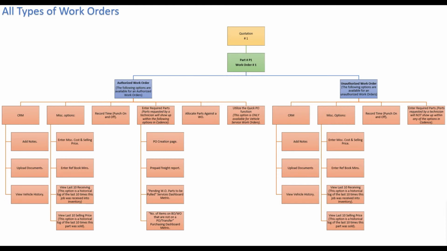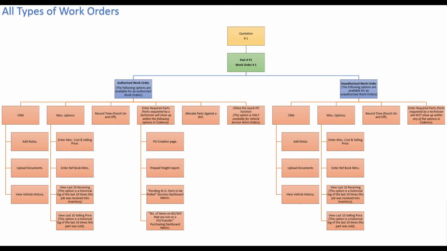If the part is not in the system, it would create the part number for you. It would create the purchase order for you, etc. This way, once the part comes in and it's received by the warehouse guys, the system will tell them that these parts are for work order number 1.